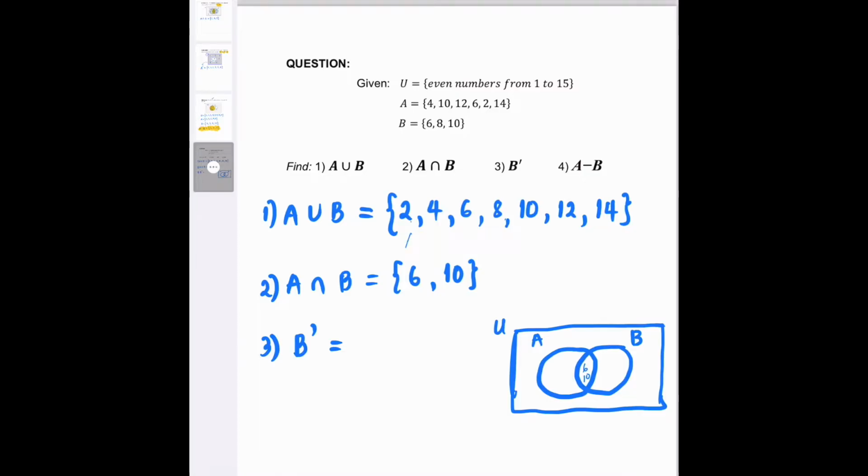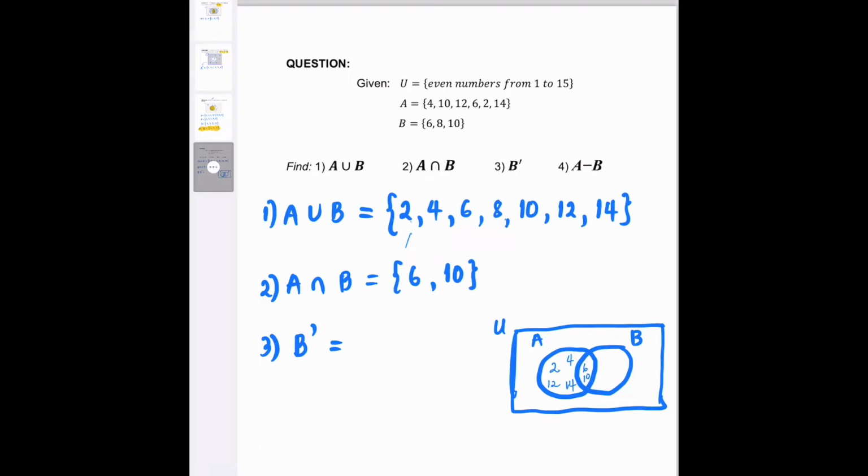So actually 2 is in A, and then 4 also in A. 10 there. 12 also in A. And 6 already there, 2 already there, and 14. So remember, for set A, we have 6 elements.